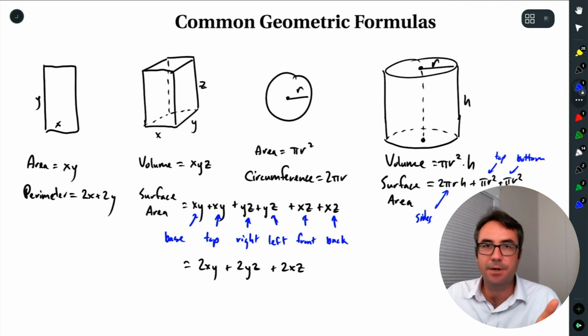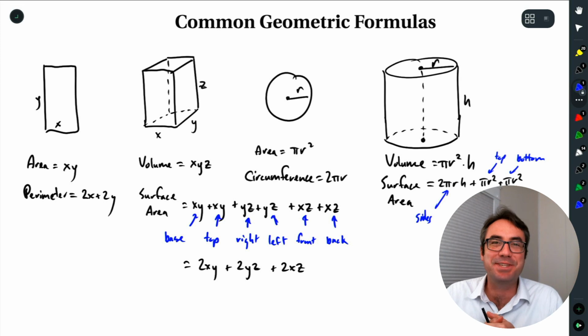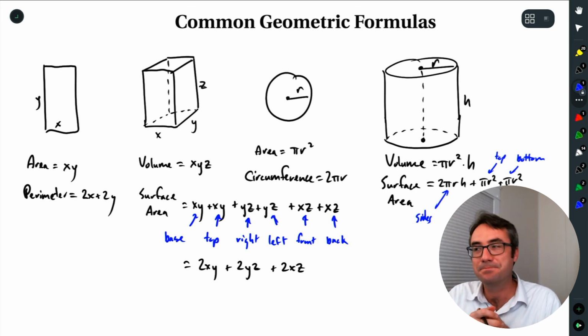Feel free to review your shapes: rectangles, squares, boxes, and circles. There are some helpful geometric formulas out there that might help with optimization problems, because it comes down to drawing a diagram and then picking out which shape you need to use.